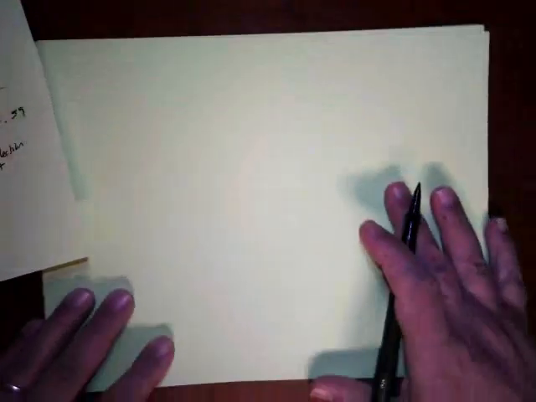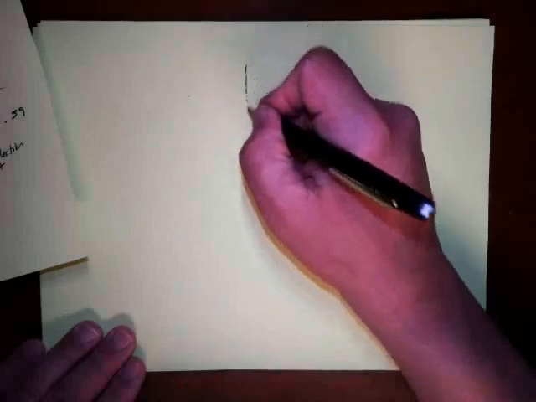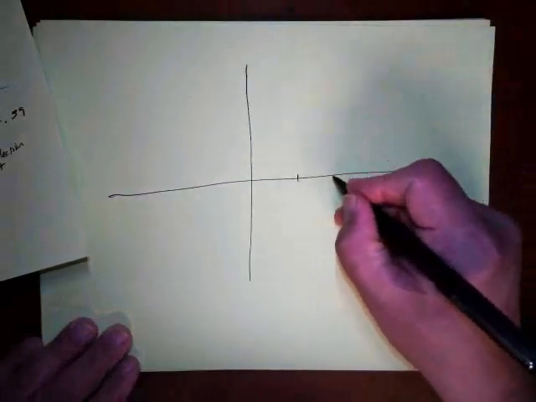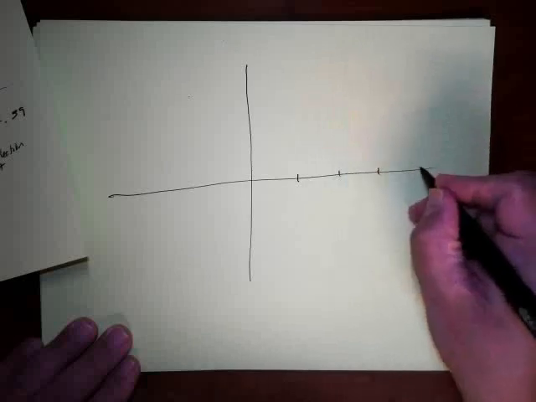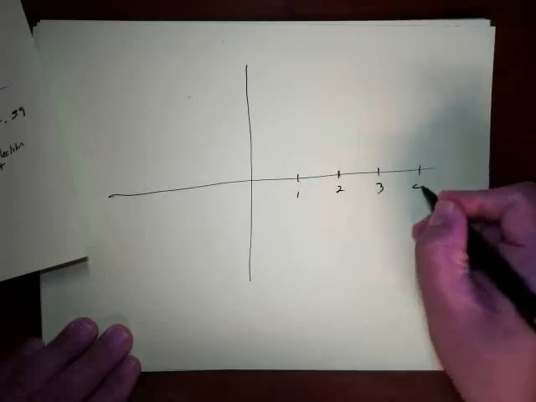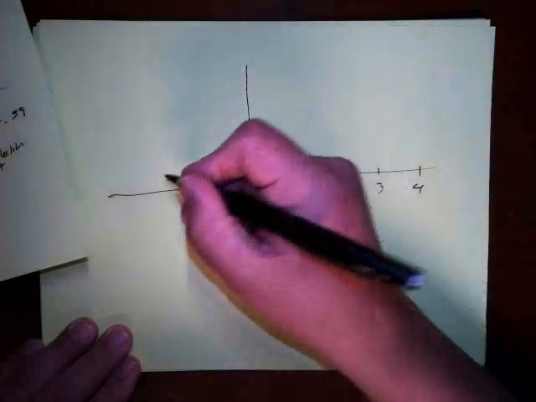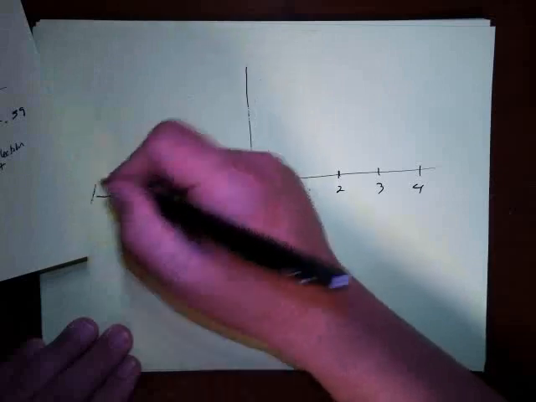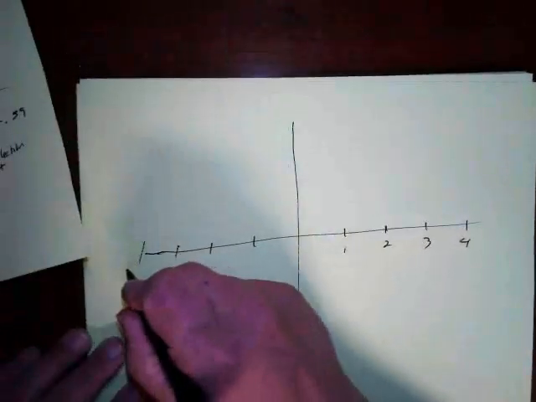So we'll make a big graph here. We'll say 1, 2, 3, 4. Of course, I experimented with this, and I knew kind of what we would need here.